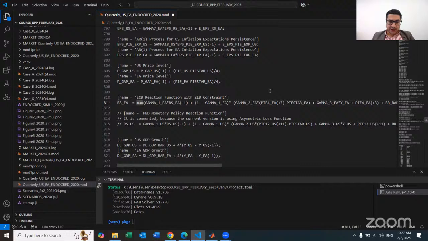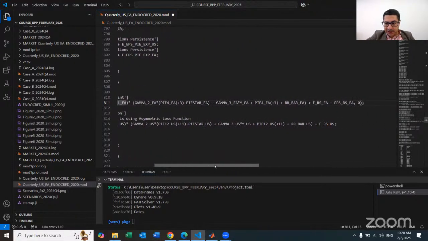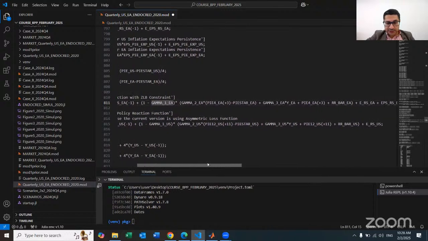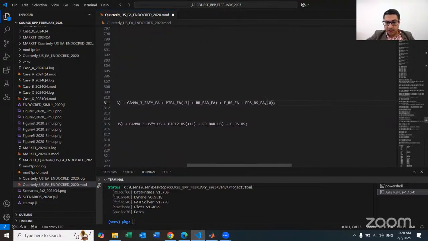That's why here in Dynare, using this command, max parentheses, you write down the standard reaction function, or the reaction function you want, comma, zero.